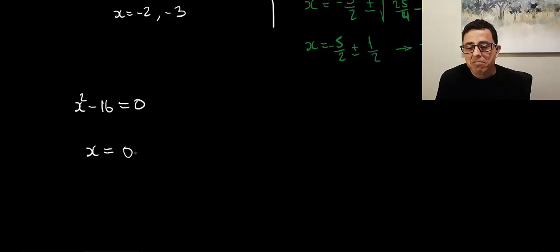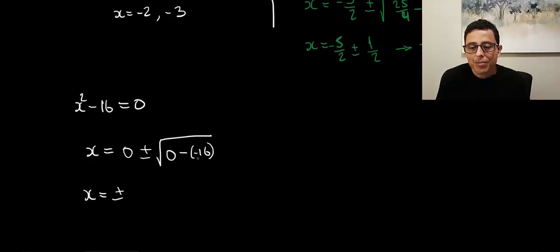Put a negative, still 0. Plus or minus, and then 0 squared minus -16, right? And that's plus or minus the square root of 16, which is 4. So I just apply the method to show you how it works.